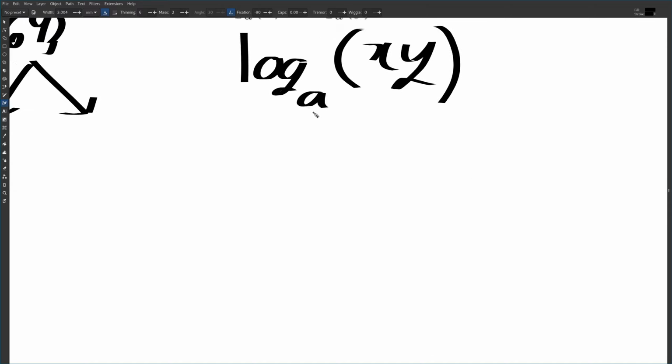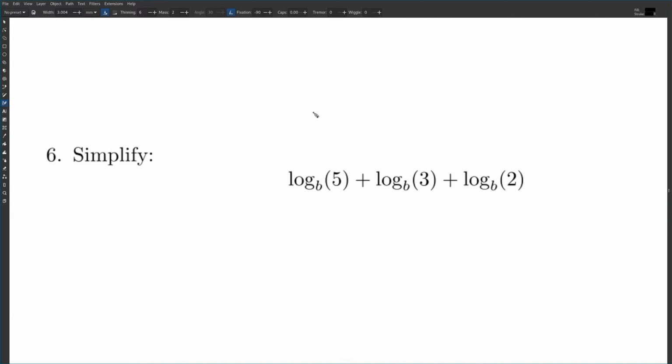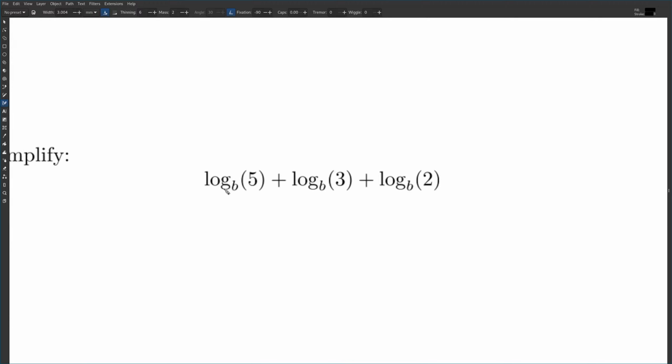Okay, next one, with the rule cleared up. Simplify: log base b of 5 plus log base b of 3 plus log base b of 2. Remembering that products and sums are associated, this means we can put all these numbers in one logarithm.